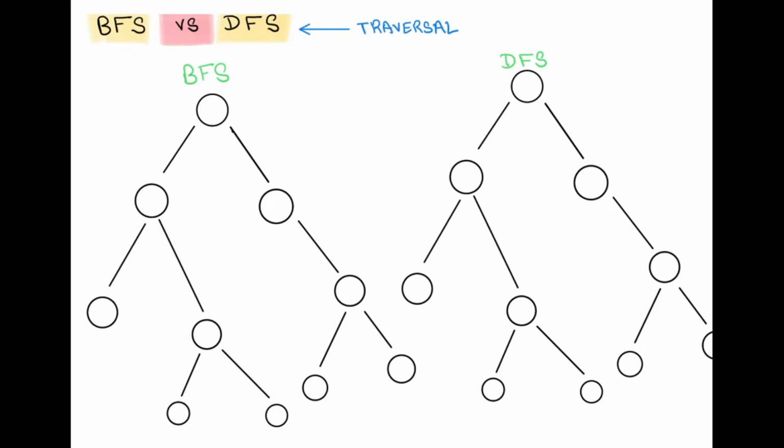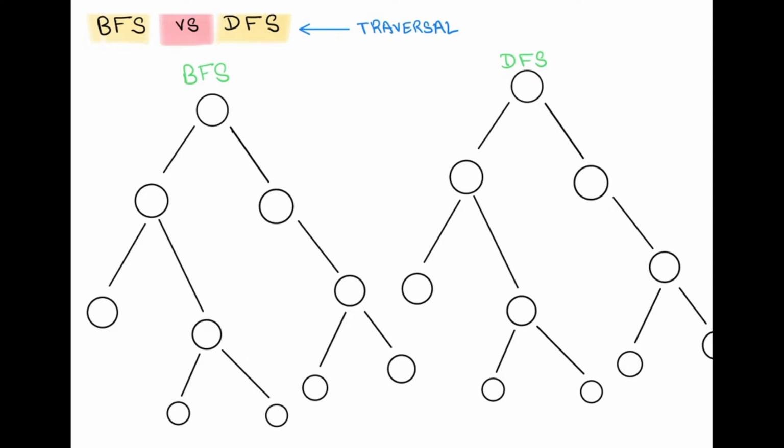So basically this is breadth first search versus depth first search. Let's consider two identical trees and see the breadth first search and depth first search traversals on each. Every time we traverse a tree, we start with the root.